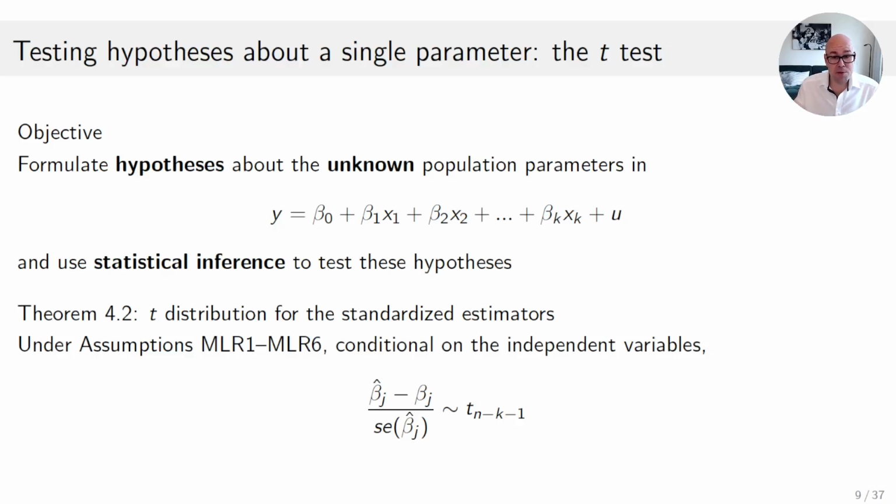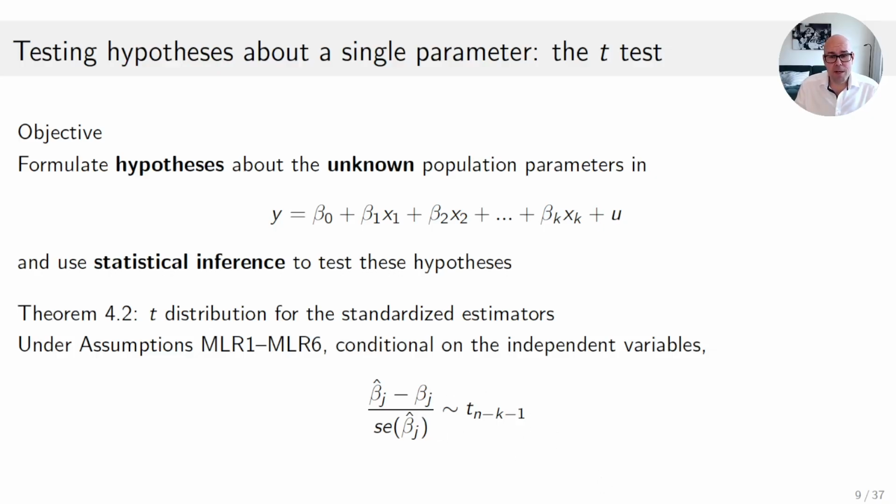This is an unobserved quantity. We have replaced it by an estimator, the so-called standard error. We have seen that before, and we can estimate the standard error simply by estimating the variance of the u using the variance of the residual, and when we do that, we get this result. So it's a t-distribution.